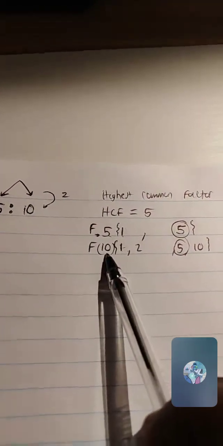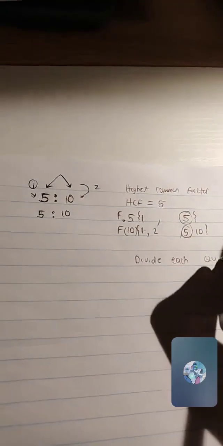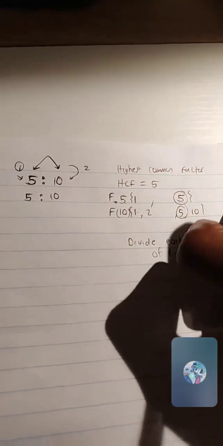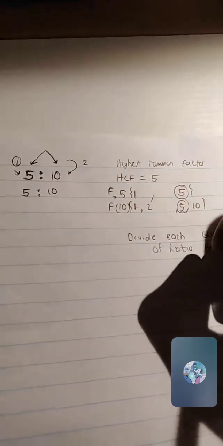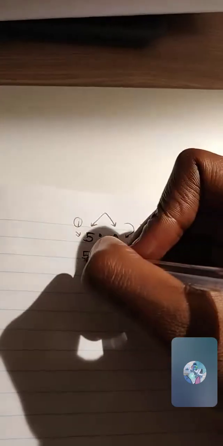Are we together? So then what you do is you go back to your ratio. Your ratio was 5 is to 10. Do you remember that? So step 2, you divide each quantity of your ratio by the highest common factor, which is 5.